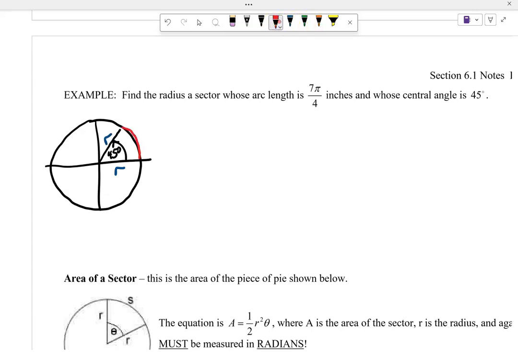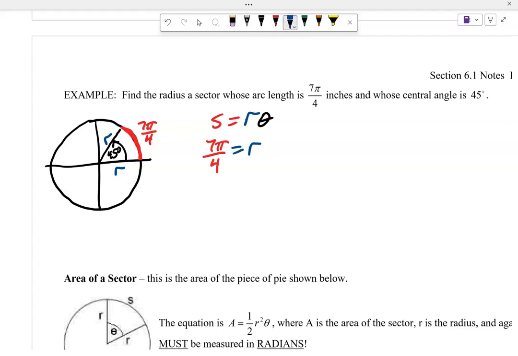And my arc length is 7 pi fourths, okay? So we have S equals r times theta. Well, we have the S, our arc length is 7 pi fourths. We do not have the radius.